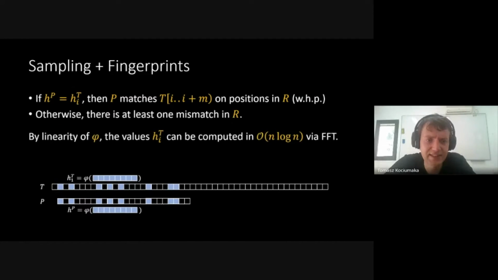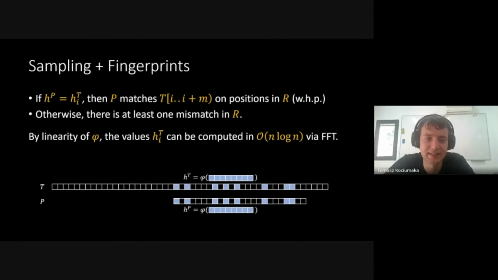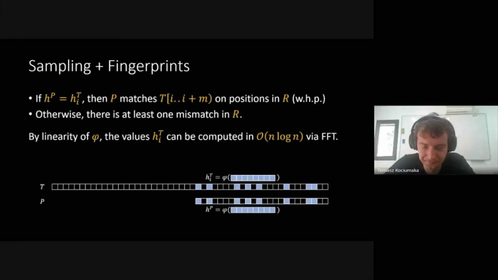And now the shifting can be implemented more efficiently. Namely, we can observe that the shifting can be implemented again using FFT, because we are always computing a cross convolution with essentially the same polynomial in this case, which is x to the i for the ith sampled character, for the ith smallest element of the sample.